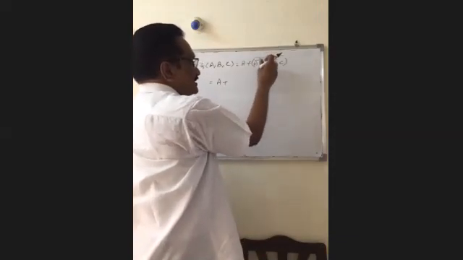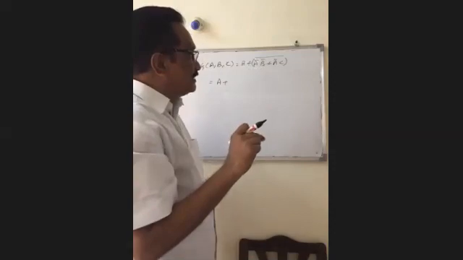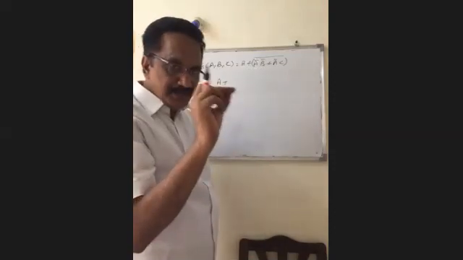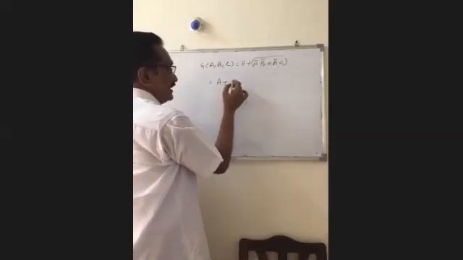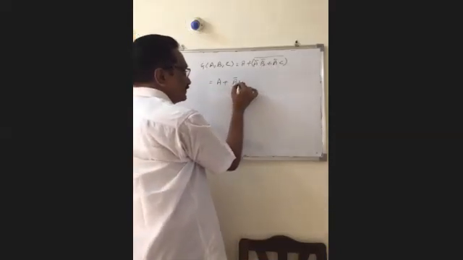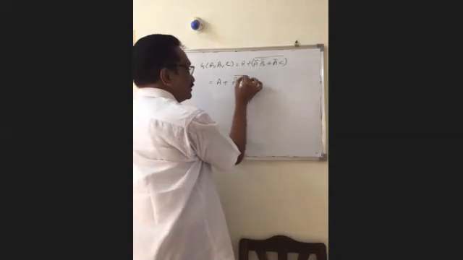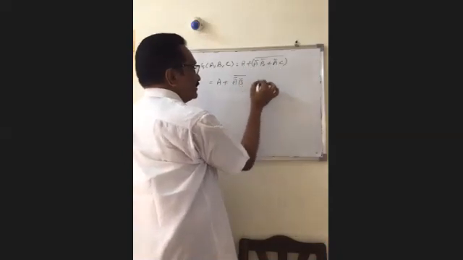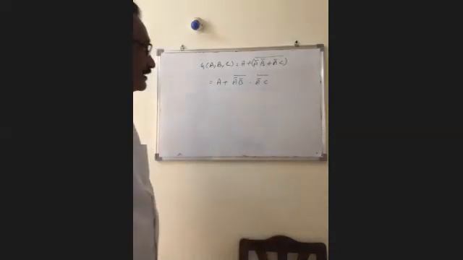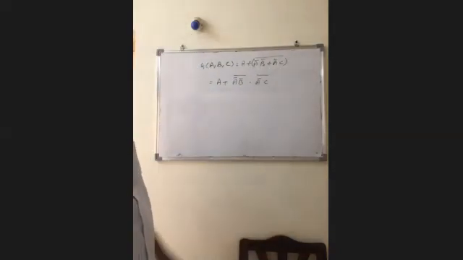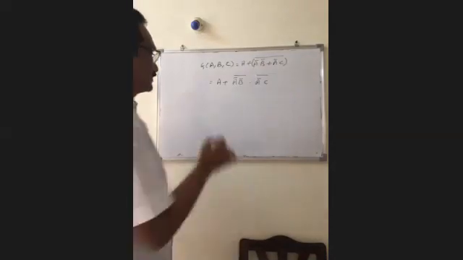So it can be written as A bar B bar whole bar into A bar C bar whole bar, according to the De Morgan's theorem.